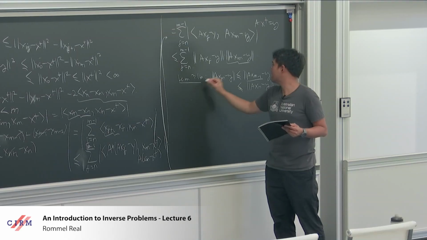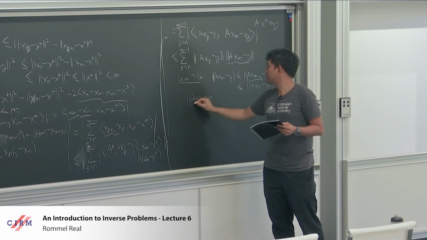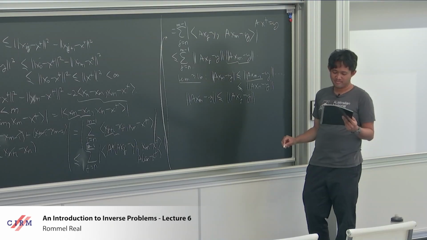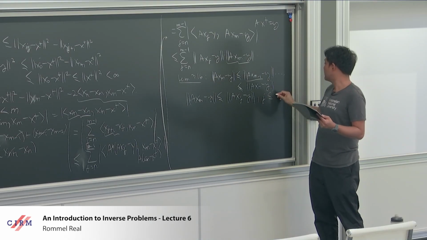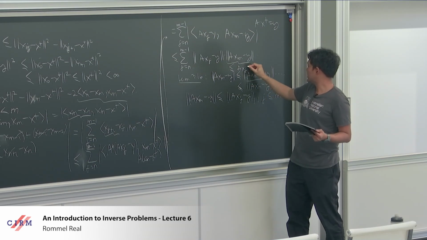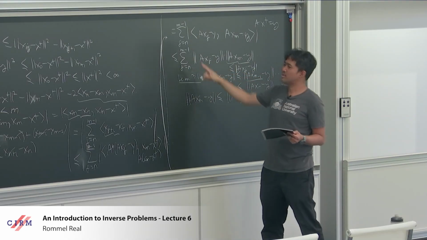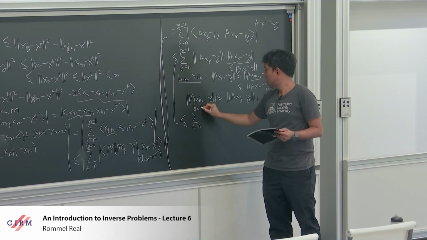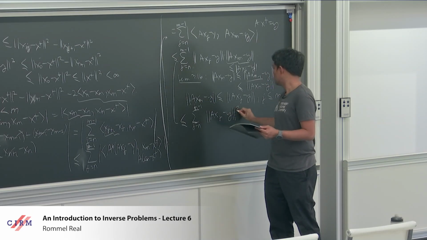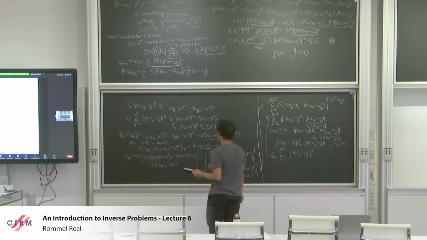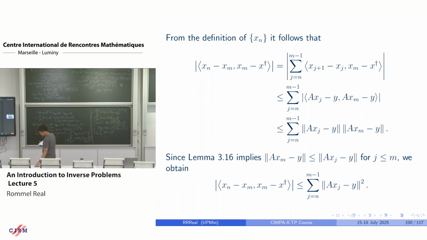So what this tells us is that the mth residual is less than or equal to the residuals from iteration j, where j is less than or equal to m. That means this one can be bounded above by the jth residual, where j runs through this summation here. So we'll be left with something like this. Much simpler bound. And that much simpler bound is actually also in the slides.